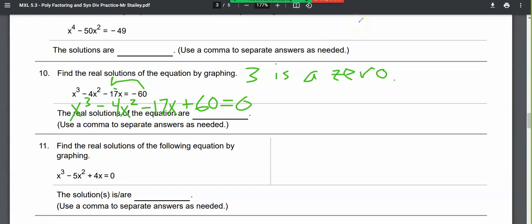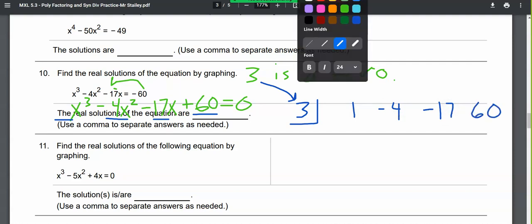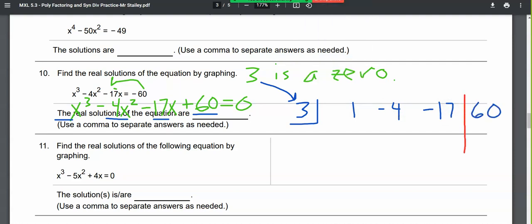And now we can switch to our synthetic division, right? So we're going to do that little box thing. This is where the 3 goes. Okay, we're going to hold on to that. And now we want the coefficients for the rest of the synthetic division. 1, negative 4, negative 17, and 60. Okay? And now we put the vertical line.